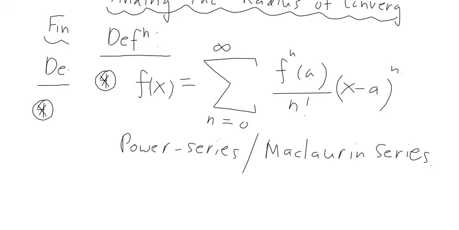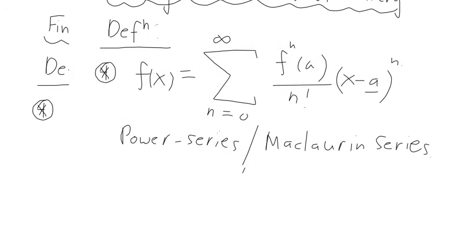The only difference is that a Taylor series is shifted by a units to the right, where here we have a. If it was a regular power series or a Maclaurin series, instead of a, it would be 0. But it doesn't matter. We're trying to find the radius of convergence for any one of these series, and it's going to be the same type of thing, usually in this format. All right, so that's what a power series looks like.